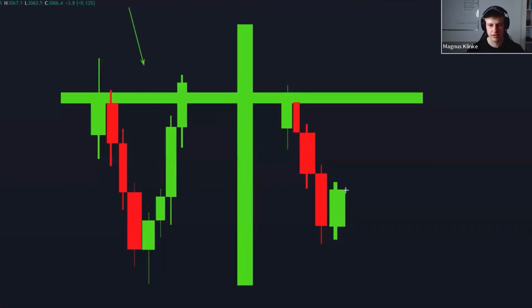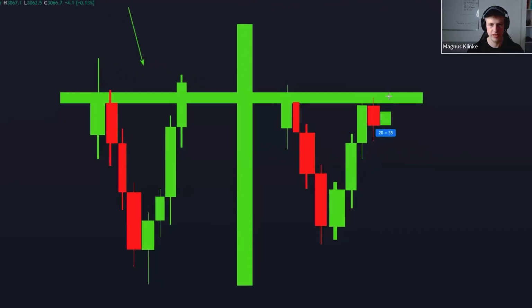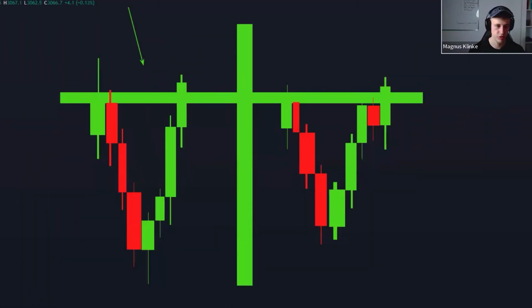We then see some candles coming up like this, and we close right at that resistance. So we can't really take any buys yet, but now we see this red candle coming in, getting a new resistance. And then we see this new candle closing above here. So now it's no longer overextended, and now we can take this move.